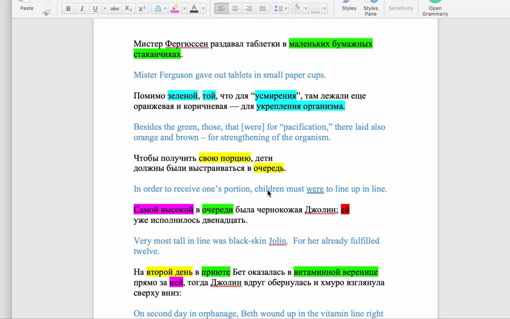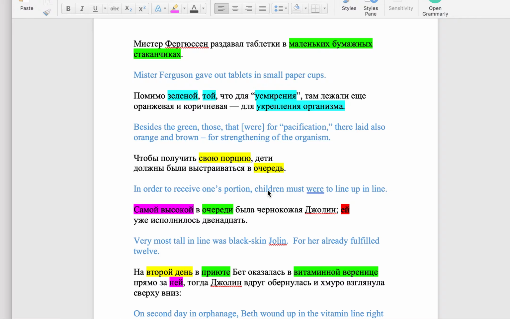for pacification. So dla basically means you need to use the genitive case: usmerenye changes to usmerenia because it's in the genitive case. And then at the end, we also have another dla construction, ukreplenia. The original or nominative version would be ukreplenie organisma.